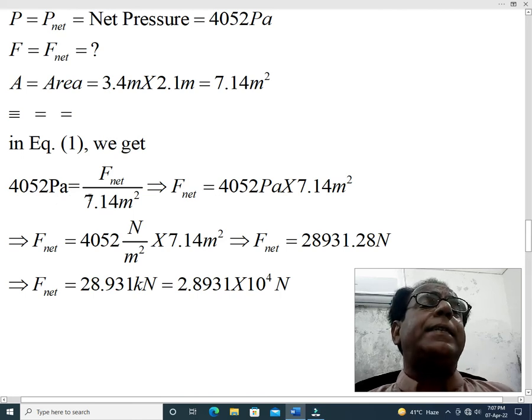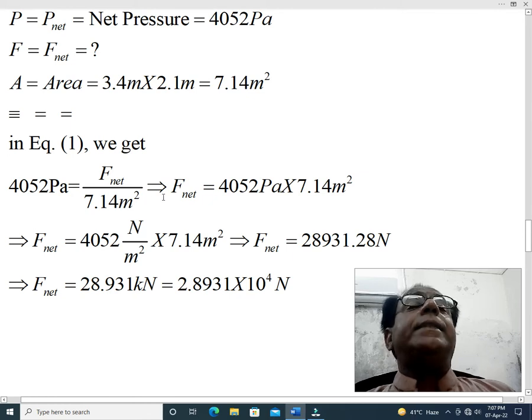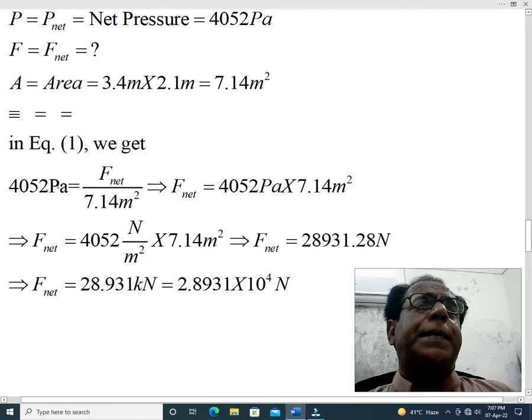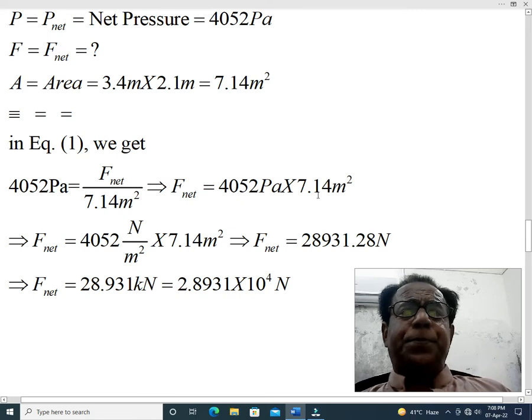In equation number 1 we get 4052 Pascal is equal to F net over 7.14 meter square. This implies that net force will become equal to this multiplied by this. 7.14 meter square will be multiplied with 4052 Pascal, and hence net force is equal to 4052.